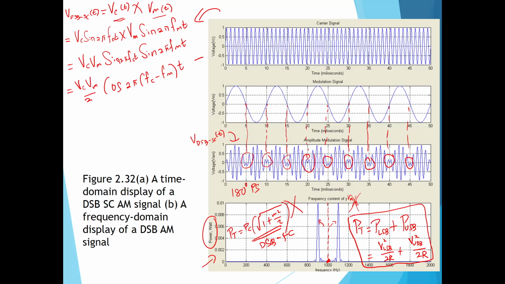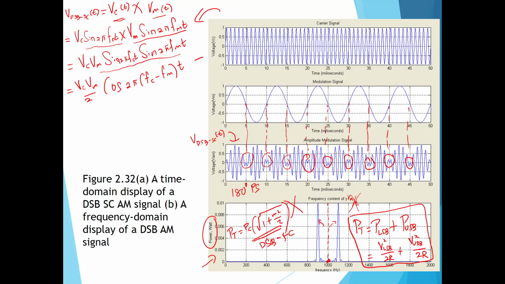Therefore I define the equation. It becomes like this: Vc sine 2 pi Fc t multiplied with Vm sine 2 pi Fm t. So it becomes Vc Vm sine 2 pi Fc t sine 2 pi Fm t. This is how we define the double sideband suppressed carrier equation, V DSBSC(t).